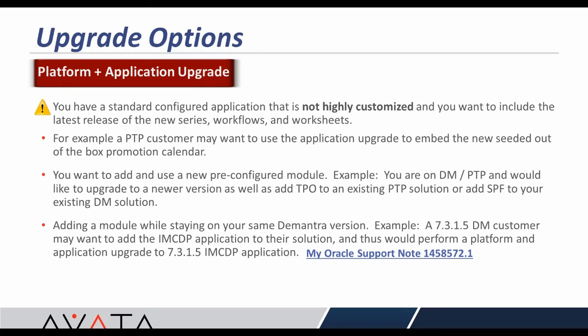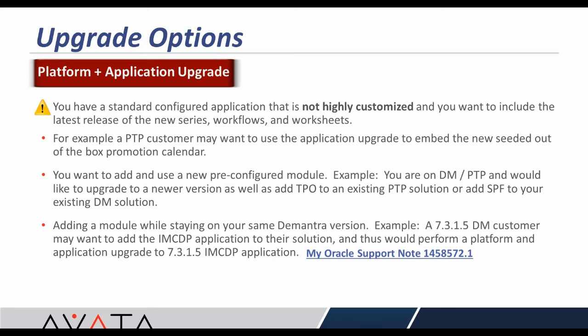One of the scenarios where you will typically want to do a platform application upgrade is if you want to bring in some heavy functionality. Say, for example, currently you are on a Demantra DM and you want to bring in SPF functionality, service path forecasting. If you want to do that, then you would have to do platform plus application upgrade.